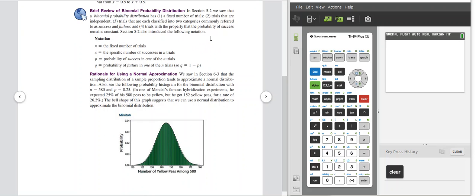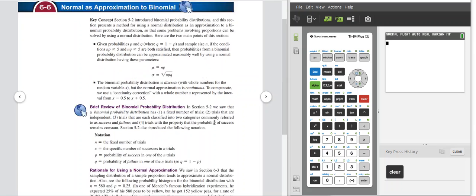The rationale for using the normal is that if you look at a lot of empirical studies that were done, you find out that the results typically end up being normal, not always. Again, the normal can't be used all the time. But for binomial, when P and Q are not too far away from 50-50, it works pretty well.